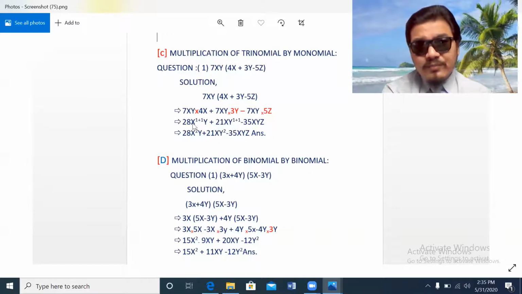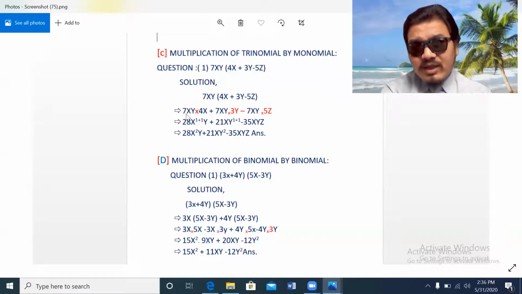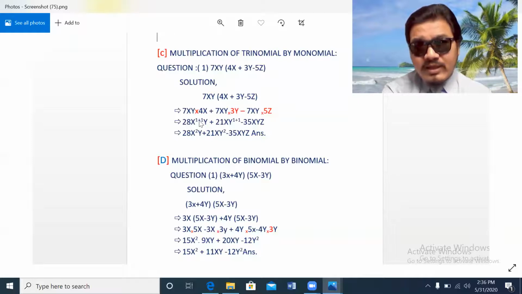And now another step, look there, let's multiply. 7 4s are 28, as I told you in the previous question. x and x, only x, and its power is 1, its power also 1, so 1 plus 1, the power is added. And here is y only, that's why I write y only. 7 3s are 21, and x only one time, and here y, they have power 1 and 1, so 1 plus 1, their power is added.